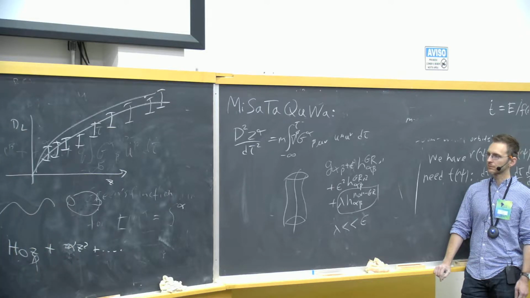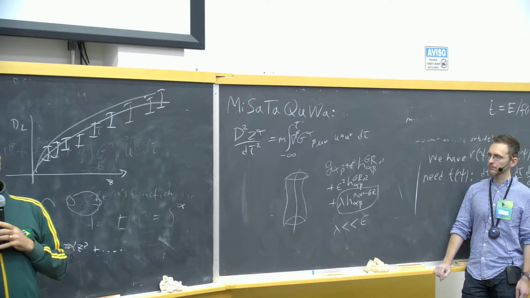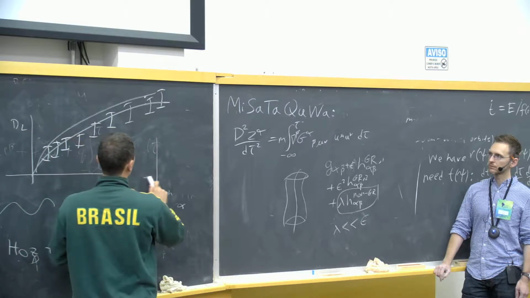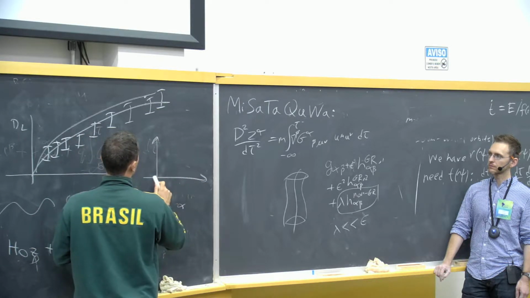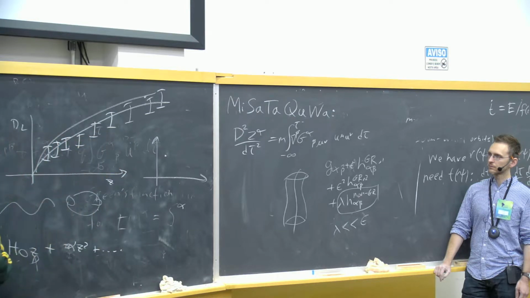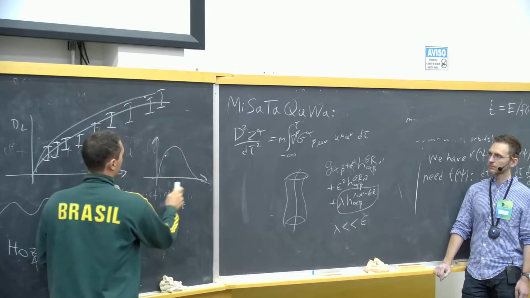This will tell you how dark energy actually behaves at large redshift. You can also learn a lot about the distribution of galaxies by looking at how these objects are distributed in z. For the moment, we have one object at z equal to 0.01, but maybe in the future we will see a real population of these objects in redshift.